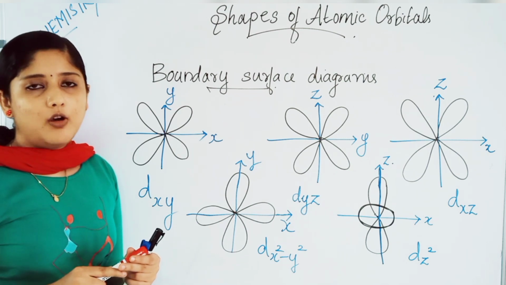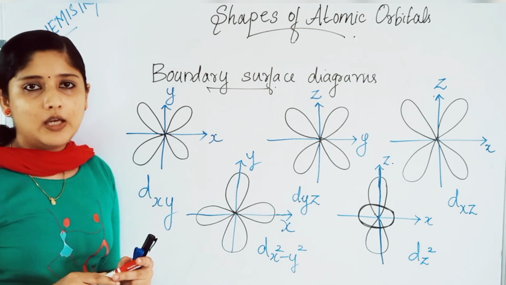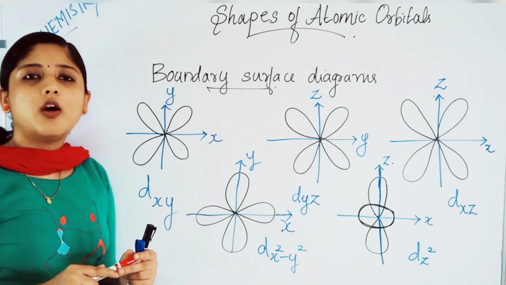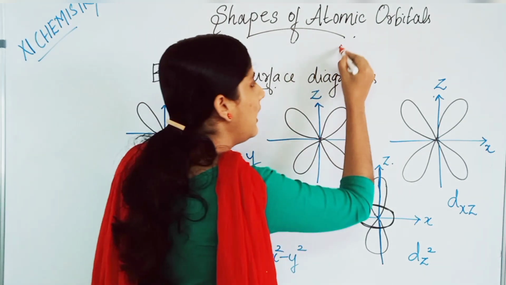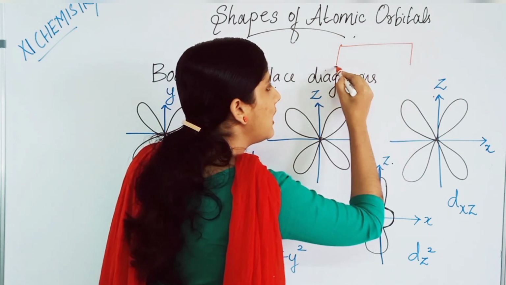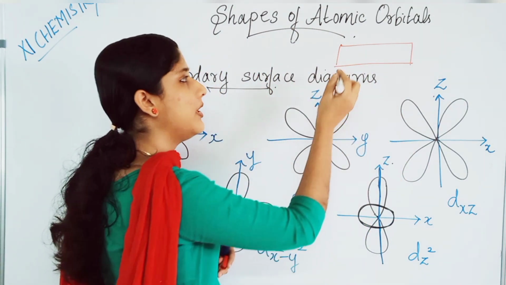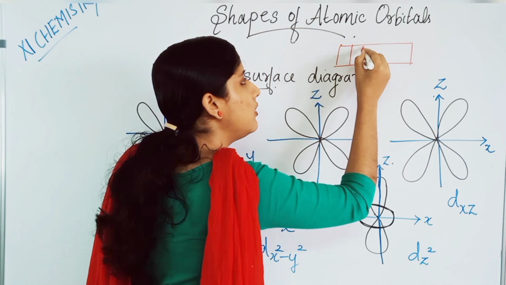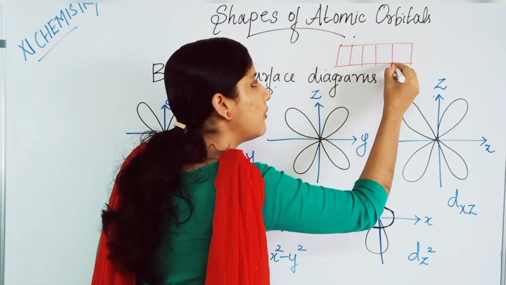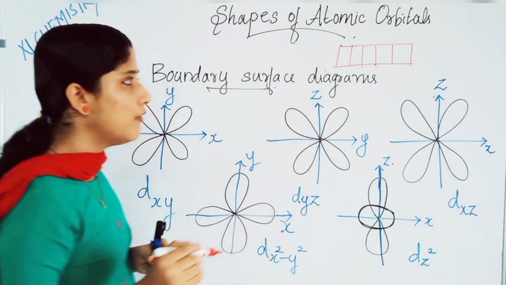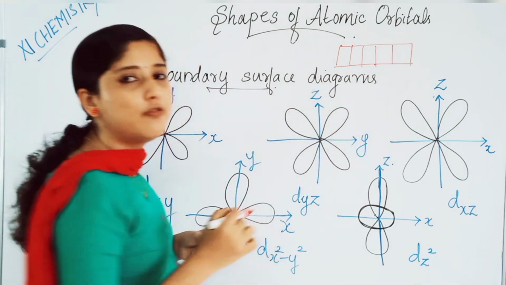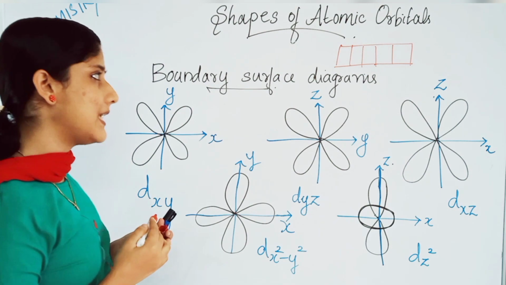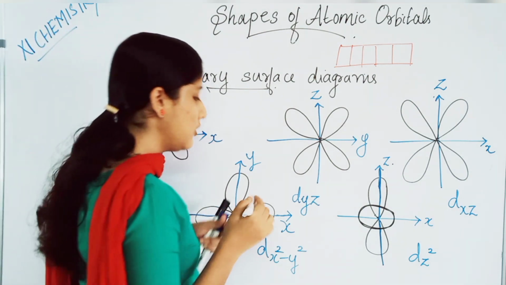Surface diagrams of d orbitals. That means the d subshell contains how many orbitals? Already we studied, isn't it? The d subshell contains 5 d orbitals: 1, 2, 3, 4 and 5. So what are they?